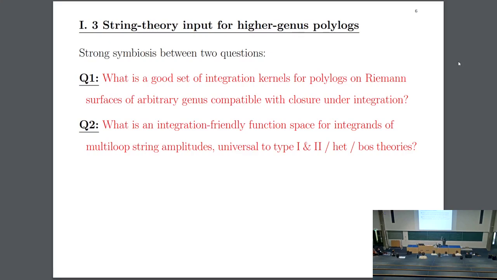What I mean by a function space for string amplitudes is the following. As explained at the beginning, an H-loop string amplitude with n external legs will be given by some moduli space integral: moduli space of Riemann surfaces with n punctures and genus H. What you integrate is a business of conformal field theory.